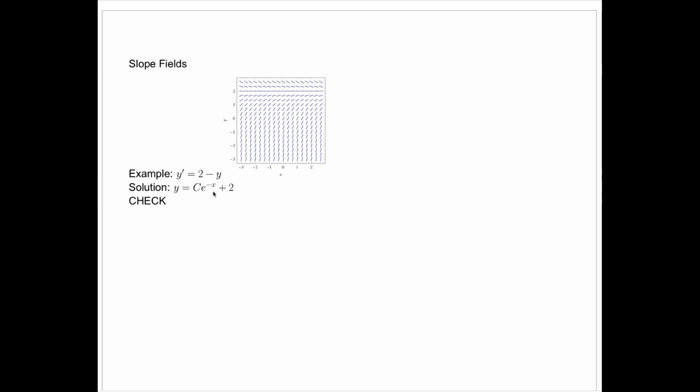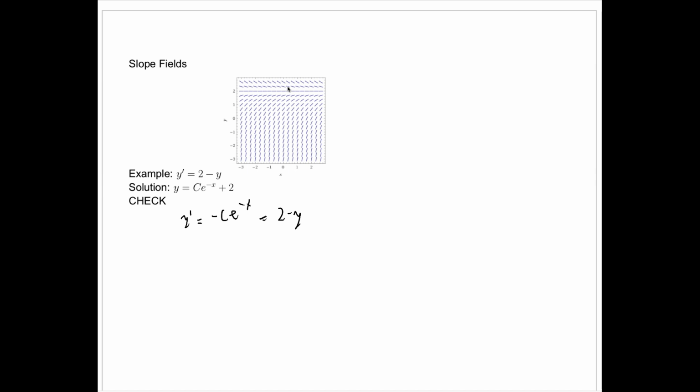Already you can check, even if you have no idea where I obtained this solution, that y prime is minus c e to the minus x, and this is exactly 2 minus y. So you can see any solution of this form works, and if you give me any point in the plane, you can easily find the appropriate value c, such that the graph of this solution goes through that point.